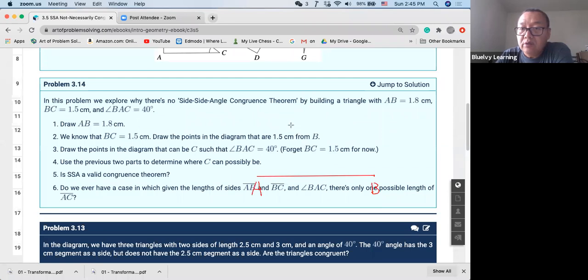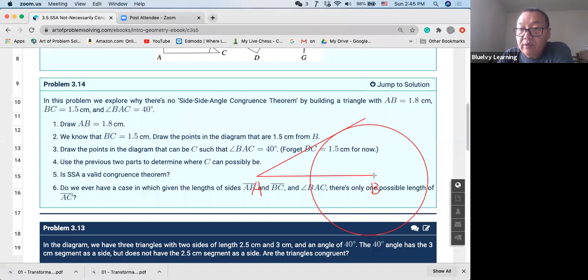If you only get one AC, that means this line is tangent to this circle. So this line intersects this circle at only one point.